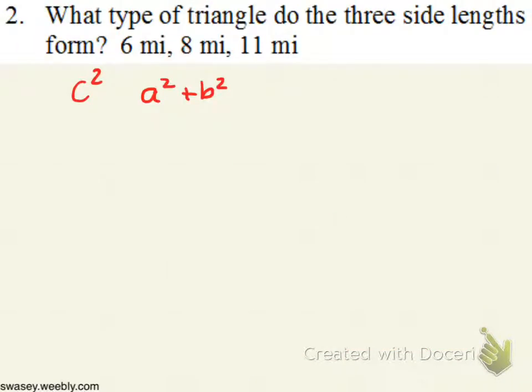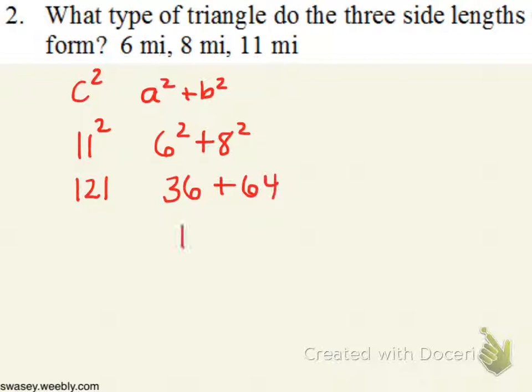To classify a triangle based on its angles, if we have all three sides, then we can use this Pythagorean comparison. We're going to compare c squared, in this case 11 squared, or 121, with a squared plus b squared, in this case 6 squared plus 8 squared. 6 squared is 36, 8 squared is 64, add them together you get 100. 121, when we compare that with 100, that's greater than, so that means we have an obtuse triangle.